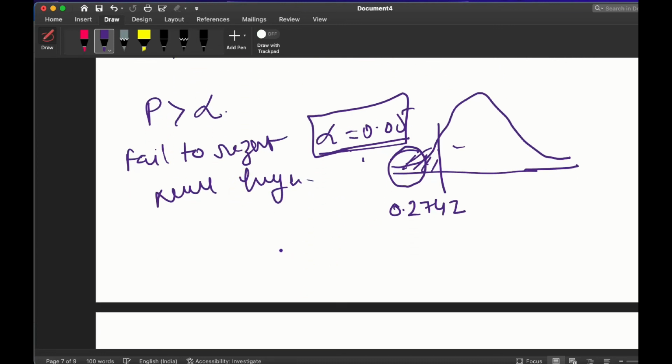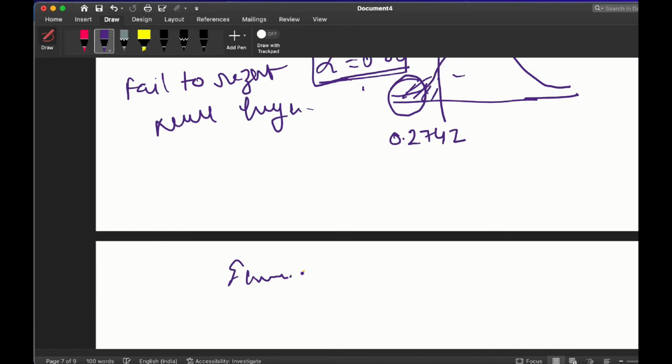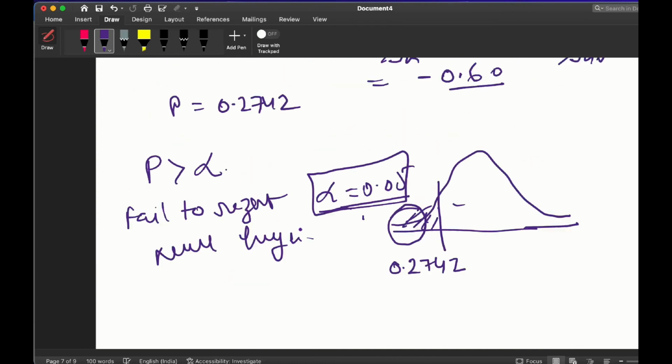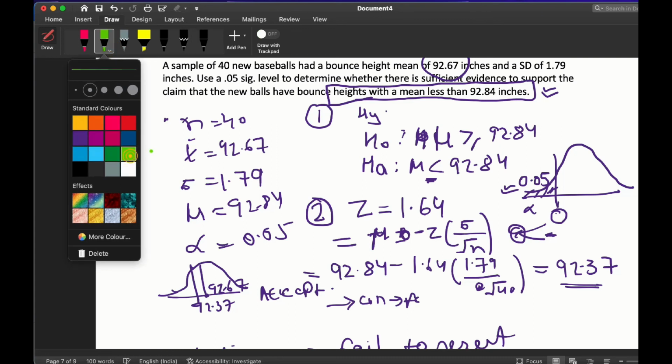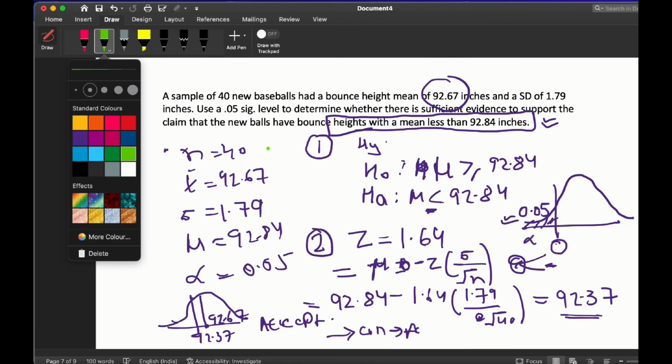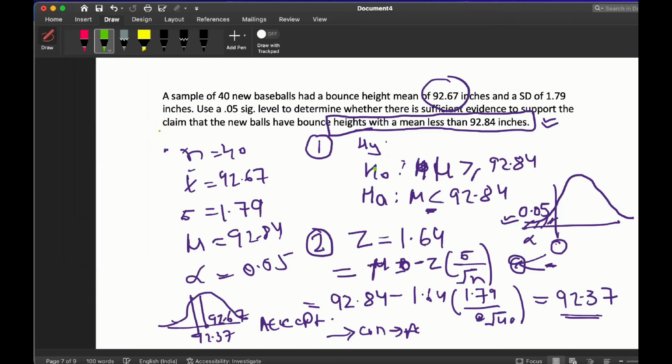Okay, so now we will just summarize what we are actually doing in both the methods. So I just change the color. First thing, you see, we formulated the hypothesis.